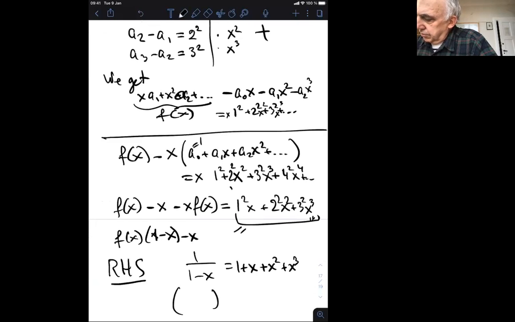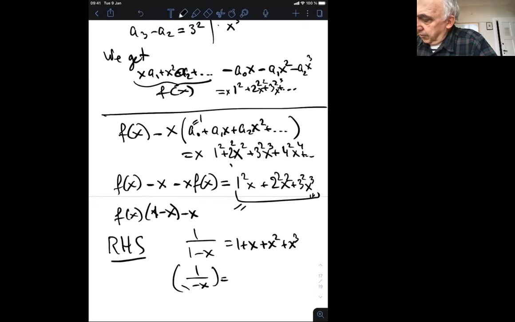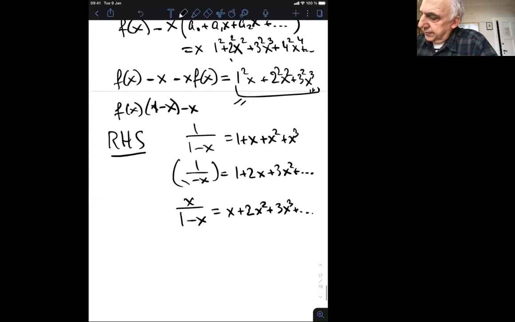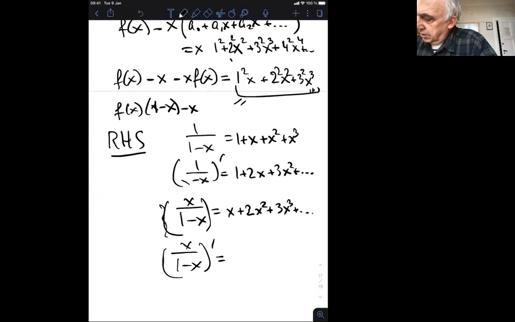Then we differentiate it once. We'll be getting 1 plus 2x plus 3x squared plus, and so on. We'll be multiplying it by x. We'll be differentiating it again, and we'll be getting almost what we want.